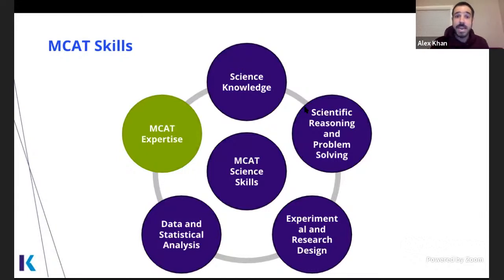On top of that, the majority of the questions accompany passages, and many of those passages are going to be experimental passages. Just to clarify, I didn't say that the majority of the passages are experimental ones. I was saying that on the MCAT, the majority of the questions accompany passages, and many of those passages are experimental.